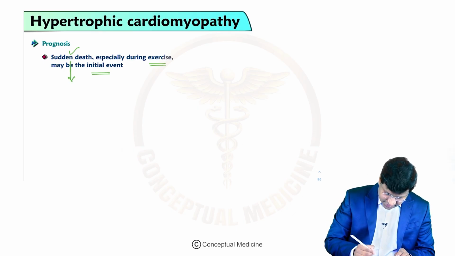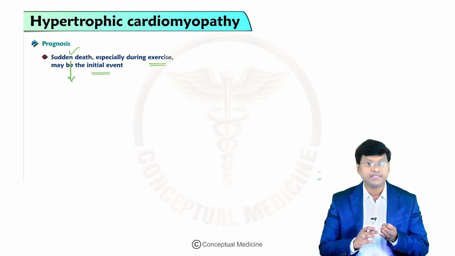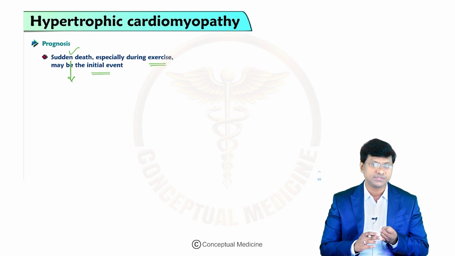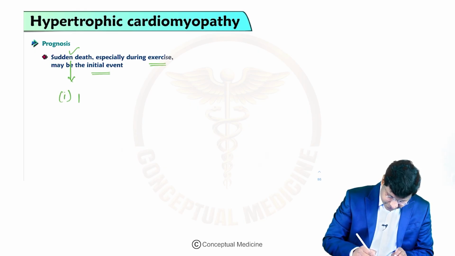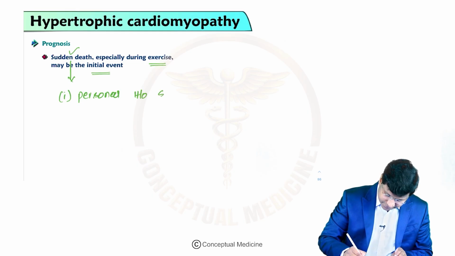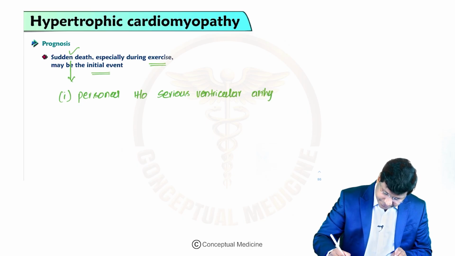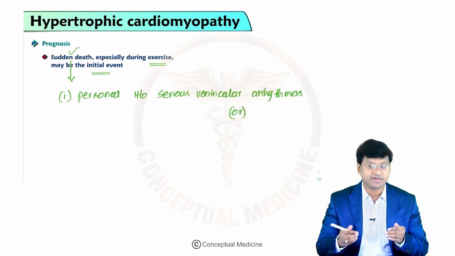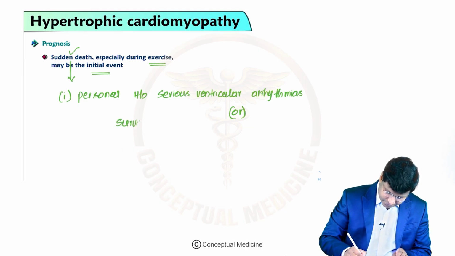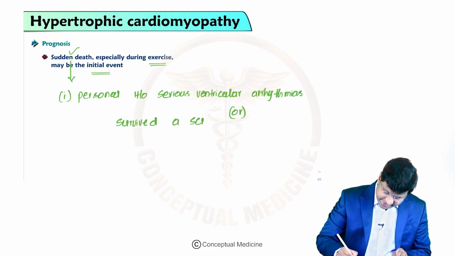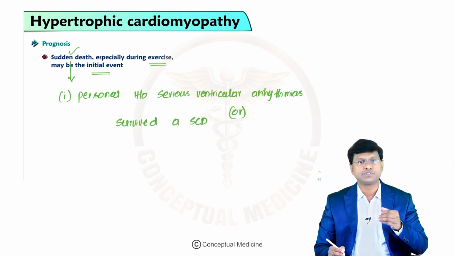See, this sudden death is very common in those individuals with a personal history of serious ventricular arrhythmias, or an individual who has survived a sudden cardiac death episode. This will be one group of individuals who can have a sudden death.